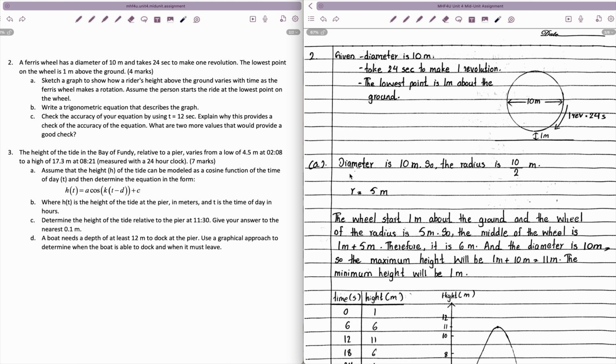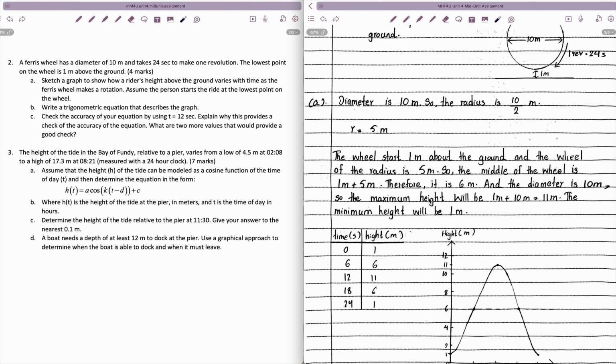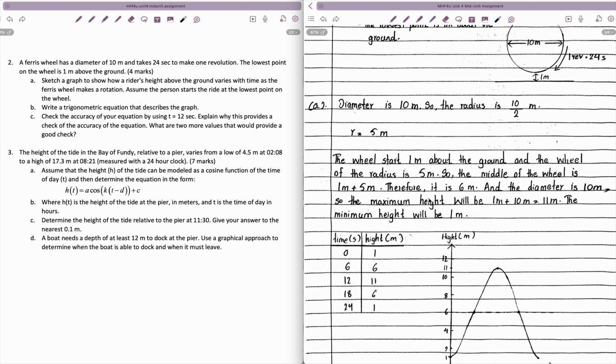So the diameter is 10 meters, so the radius is 5 meters, and we find the points to draw the graph.